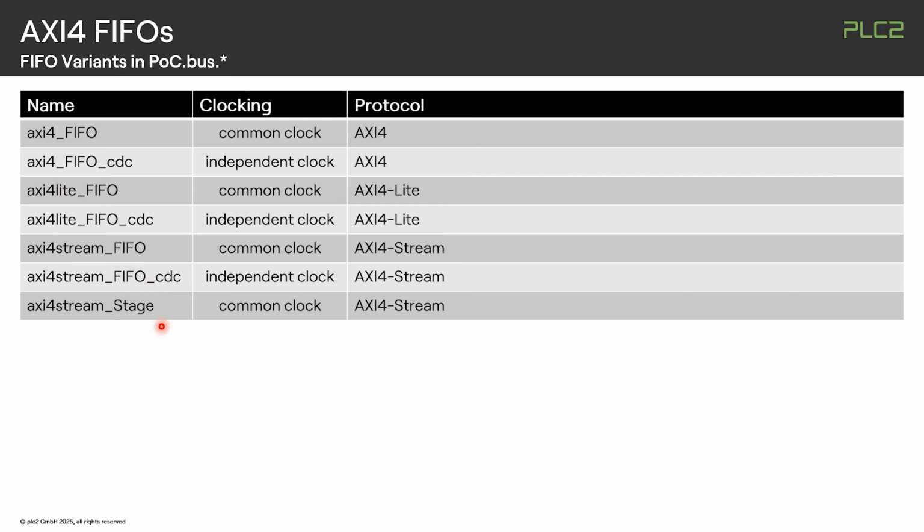And for Stream we also provide a stage variant to decouple, as I said, the critical path in AXI-Stream interfacing. It's on our list to integrate this variant into the normal FIFO just by setting the number of elements inside to 2. So we can combine it in the next releases somewhere into FIFO.